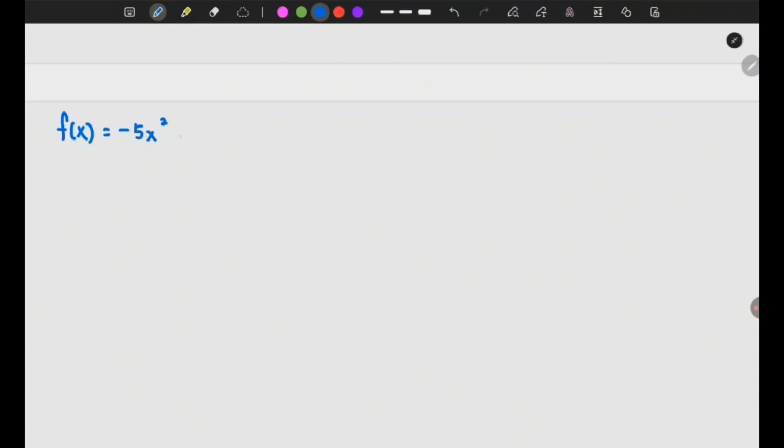Your A is -5, so your A is negative. You have a sad face. It's full of negativity. So with a sad face, the point is at the top there. Top is always a maximum. So because it's at the top, we call it a maximum point. Not minimum, it's maximum.